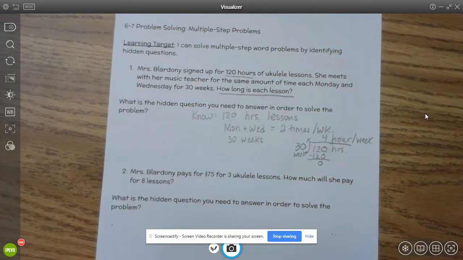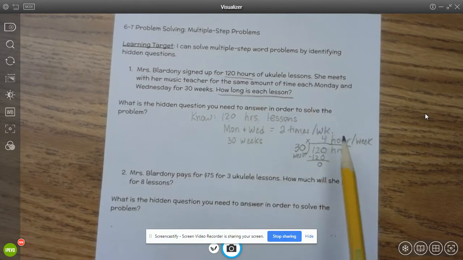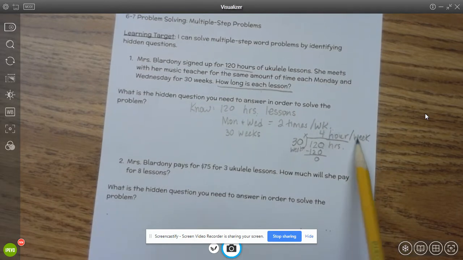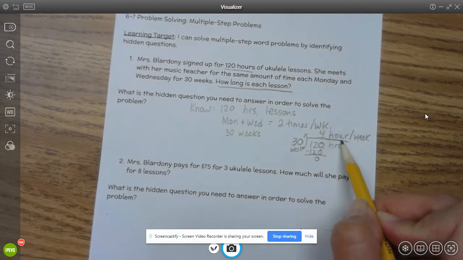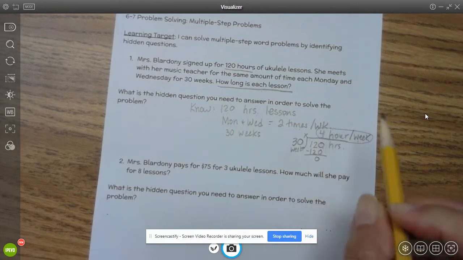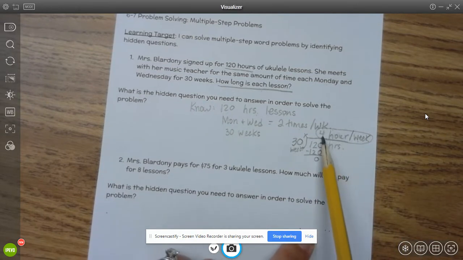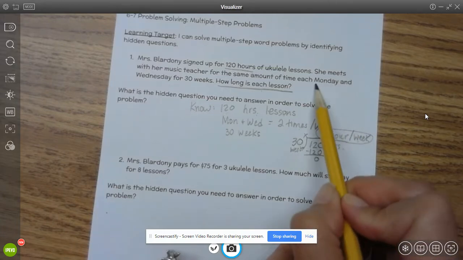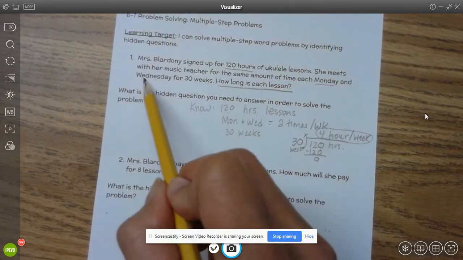But what do I need to know? I don't know how long each lesson is. So I found out how many hours of lessons I have in a week. So this was my unknown, which I just figured out by using division. So I know I have 4 hours worth of lessons each week. Because again, 30 times 4 is 120 hours. Okay, but I meet twice a week with my teacher.